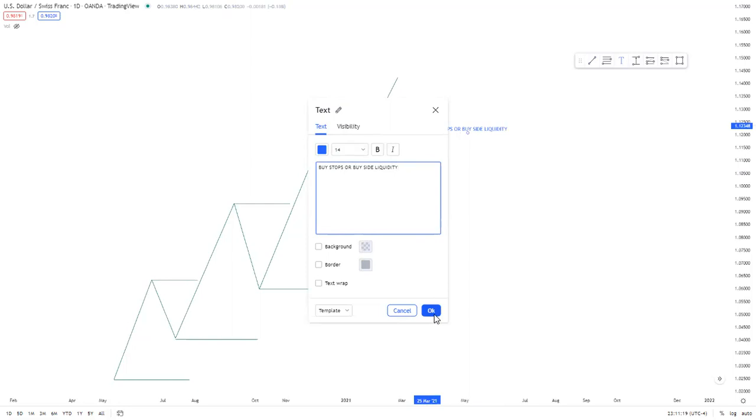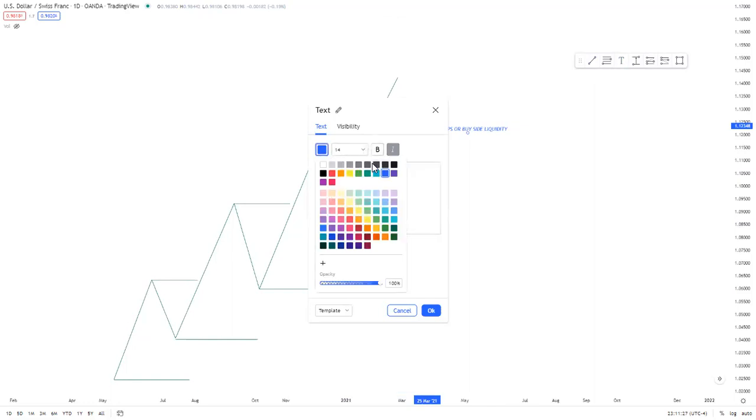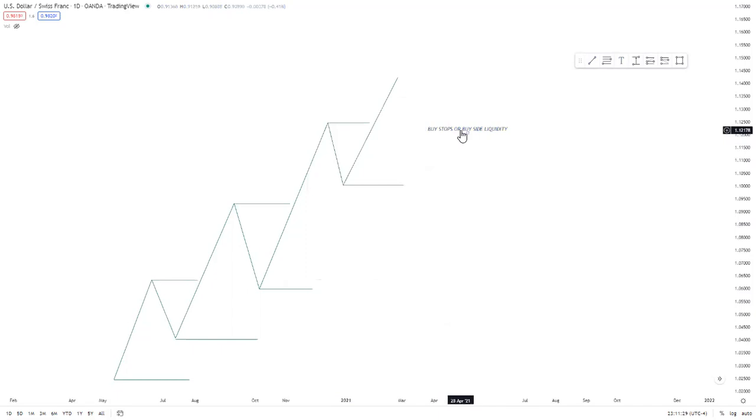Well, I'm still going to explain liquidity to us, but for now, let me just frame this as just liquidity, right? So we have liquidity. Buy side liquidity at every high that is being created.